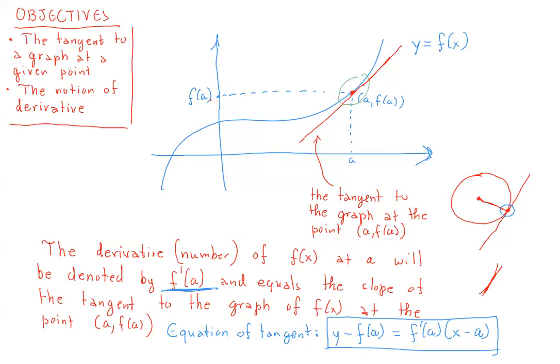Okay, so to summarize, if f prime of A is greater than 0, then the graph of the function is going up at A. And when we say it's going up, we always mean as we look at it from the left to the right.